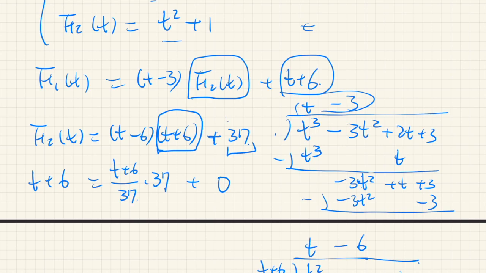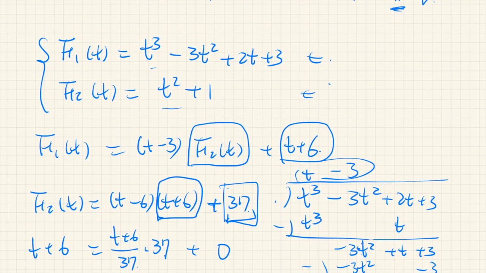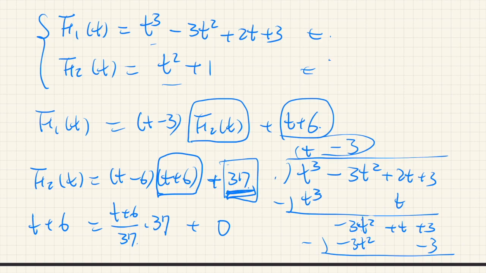So that means this is the greatest common divisor of these two polynomials. Actually, we can always divide this constant by 37 to have the leading term of 1. So in that case, the greatest common divisor is just 1. Okay, so that means these two polynomials are actually coprime.